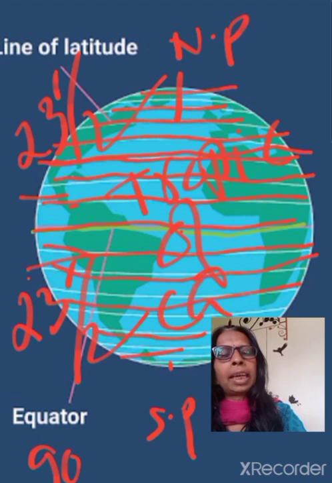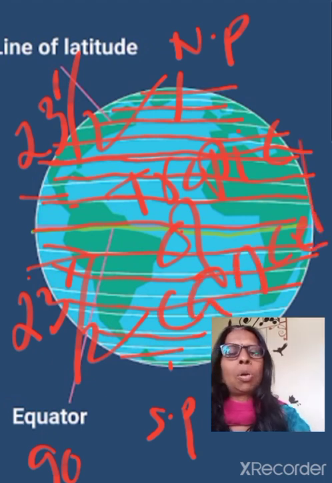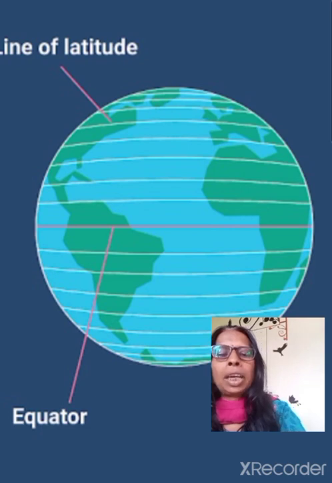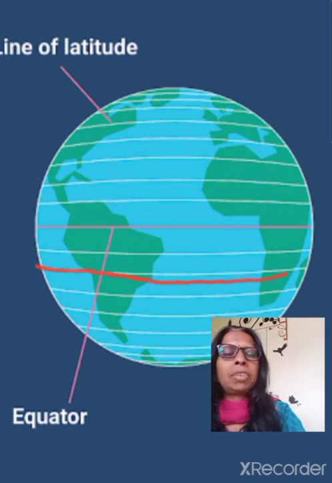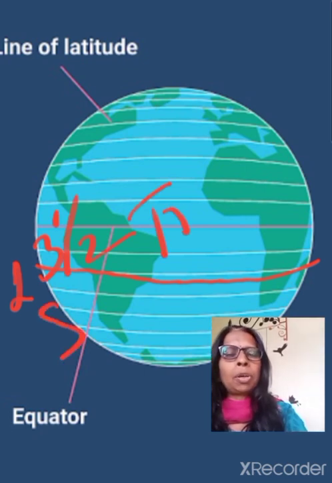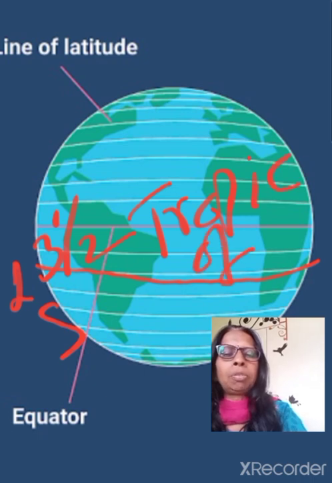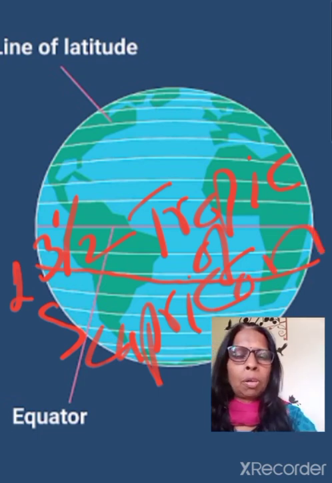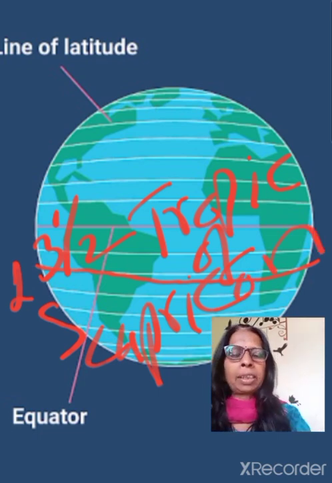Tropic of Cancer. Okay, it is called Tropic of Cancer. Then at 23.5 degrees south, you have the Tropic of Capricorn. Please don't forget Tropic of Capricorn and Tropic of Cancer.